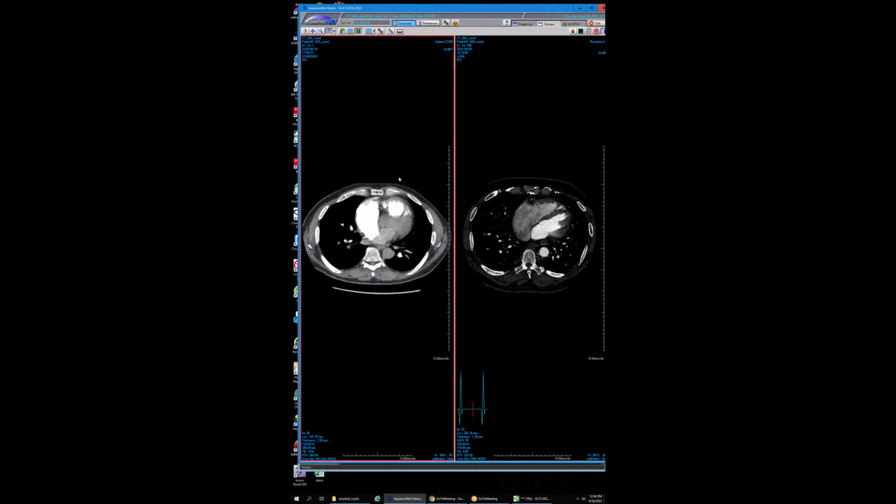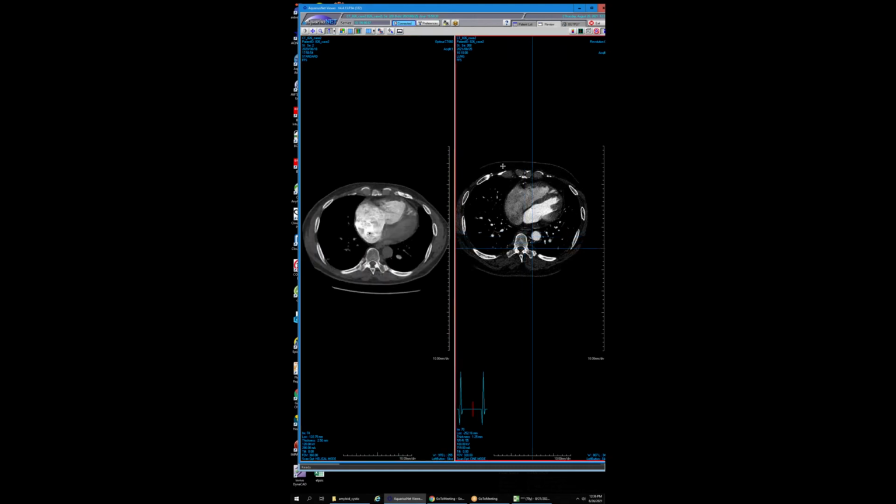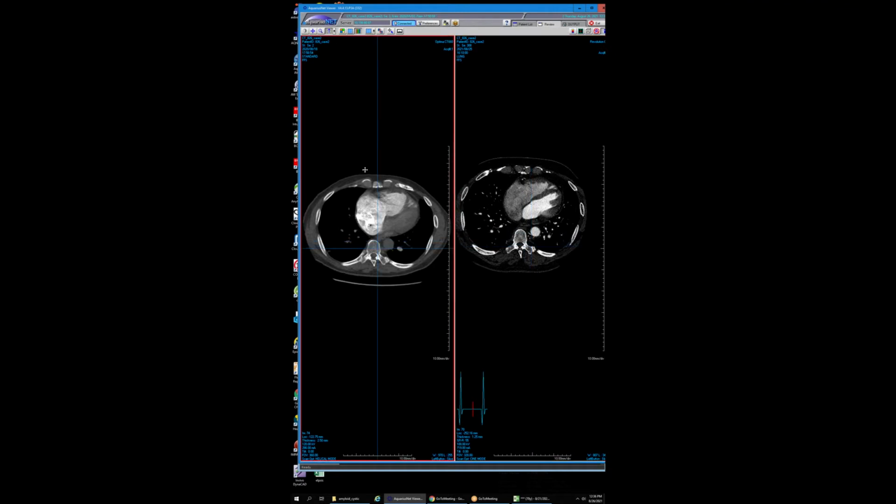But look at the dramatic decrease in the size of the heart post-op endarterectomy. We see that a fair amount because we do have some post-op imaging. The ratio of the RV to the LV before was easily 2 to 1. Now it's about 1 to 1, still thick.